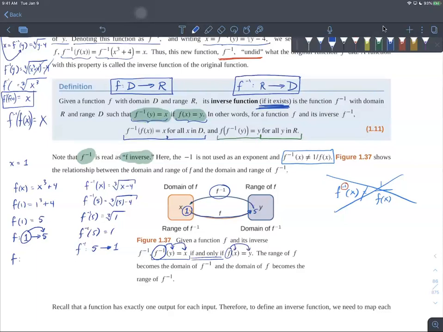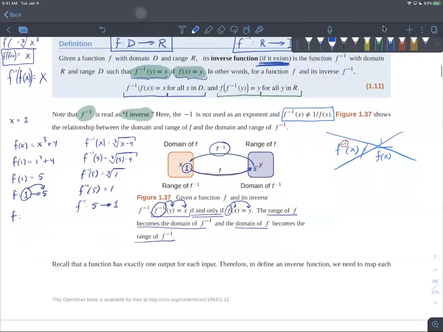That is essentially how we're defining the inverse function. Because of the way that they undo each other, the range of f becomes the domain of f inverse, and the domain of f becomes the range of f inverse. We'll see this more in an example later.